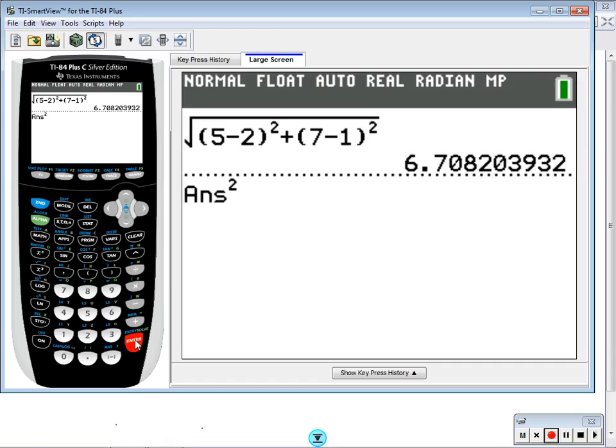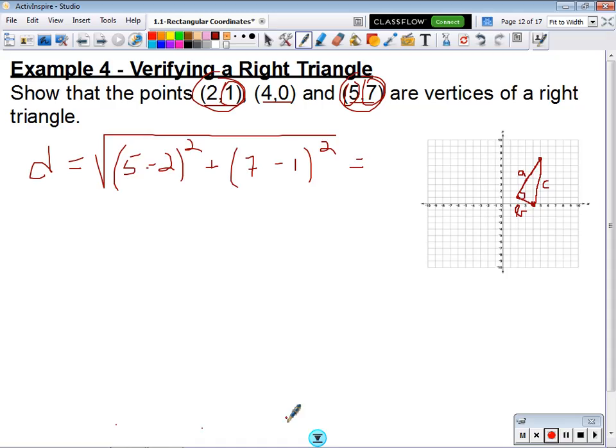If we just squared that, this is going to end up being the square root of 45, let's call it for now. That's a little bit easier for us to work with here. So square root of 45 can be simplified, but for the purposes of what we're looking at, it's probably going to be easier to leave the square root of 45 as just the square root of 45 for now.